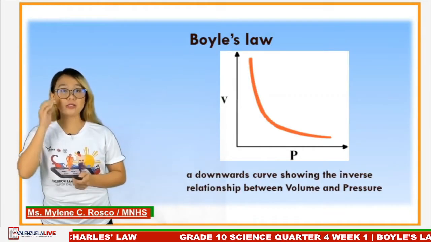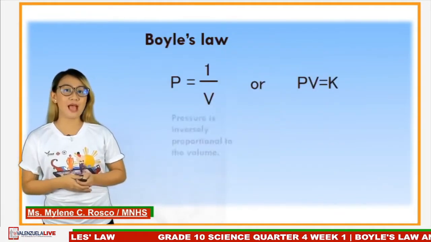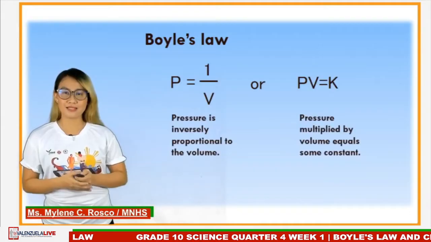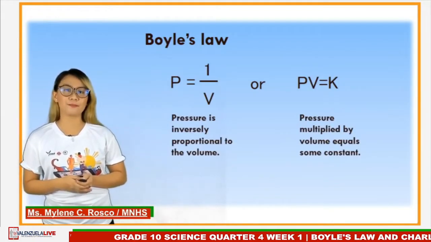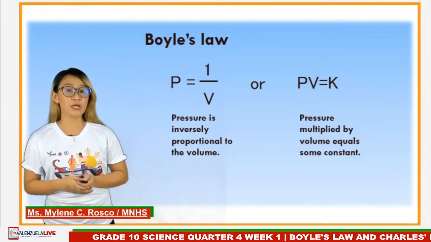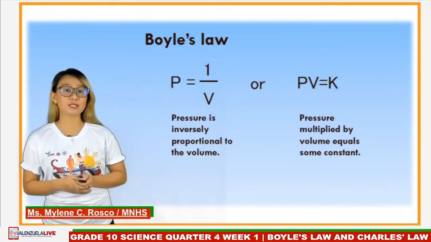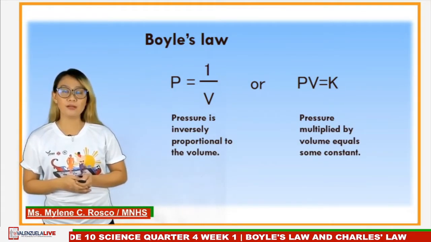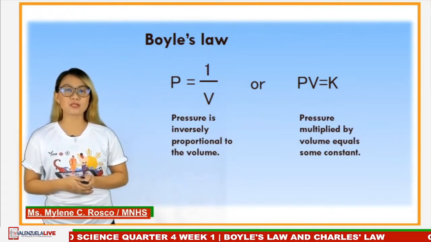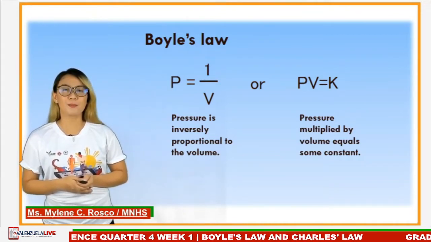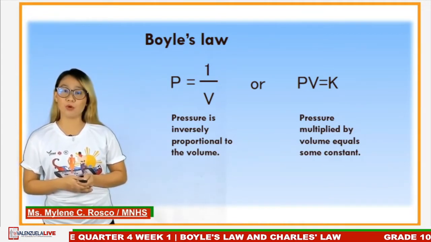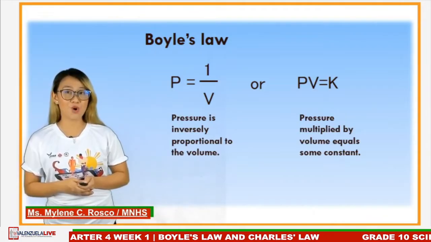Mathematically, Boyle's law can be stated as P is equal to 1 over V, meaning pressure is inversely proportional to the volume, or PV is equal to k, meaning pressure multiplied by volume equals some constant k.